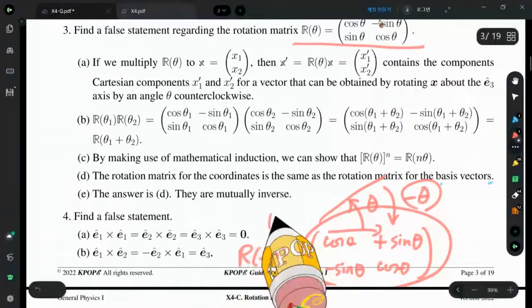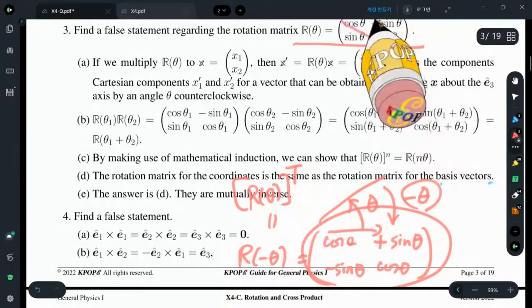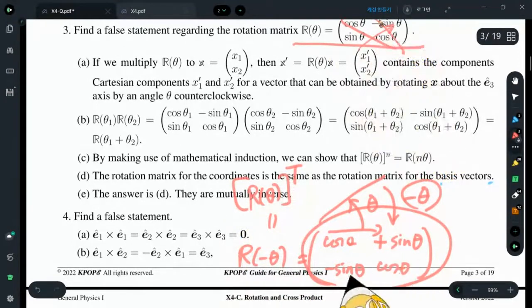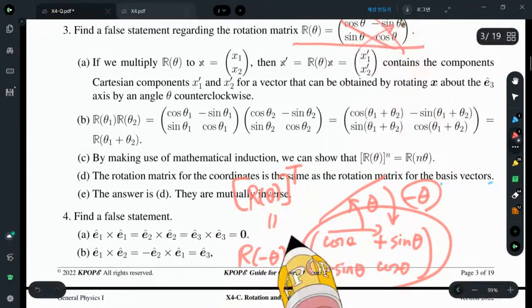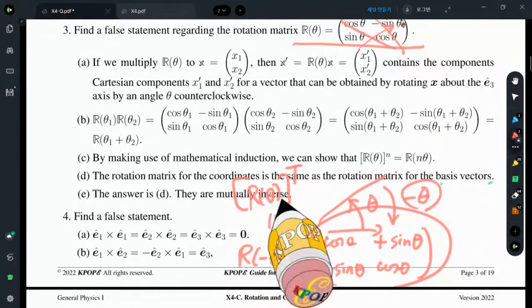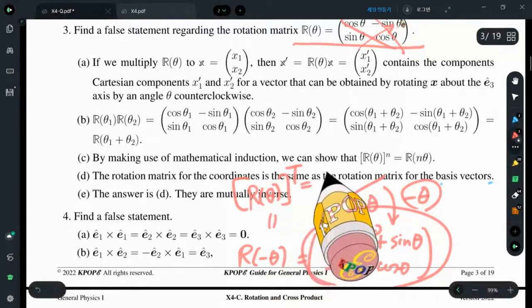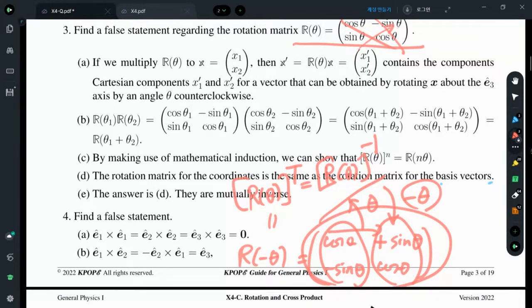And actually this is R theta's transpose. Diagonal is the same, off diagonal, they flip the sign, but you have exchanged this off diagonal term. So I told you in the previous class, this transpose is the inverse because every column is orthogonal to each other and its own magnitude is 1.